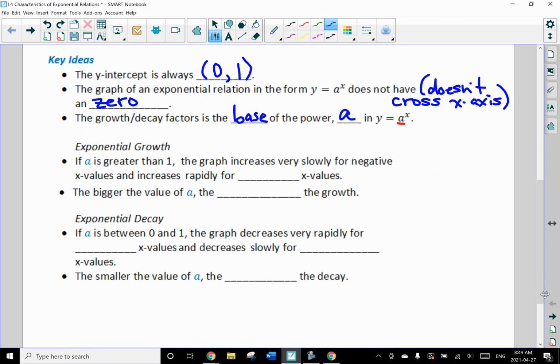Okay, so there are two types of exponential relationships. There's exponential growth, and there's exponential decay. You have a growth relationship if your A value is a number bigger than 1, so if it's a whole number base.